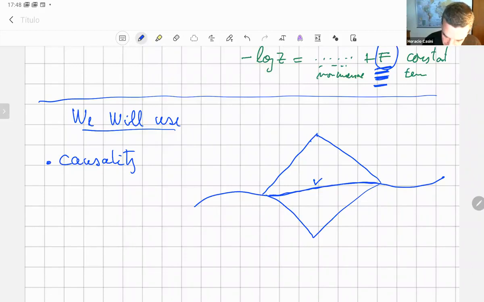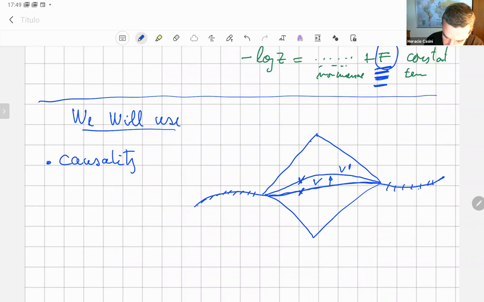Then if you have another Cauchy surface that goes like this, V prime, the entanglement entropy of this and this will be the same, because there is a unitary evolution here that doesn't change the entropy, or you can say that you trace out from the global state the same degrees of freedom in this part of the Cauchy surface.